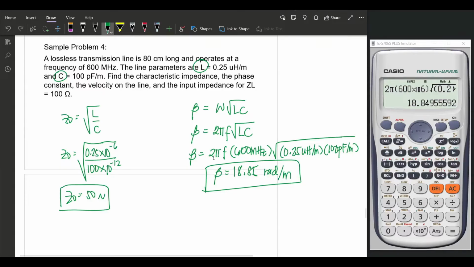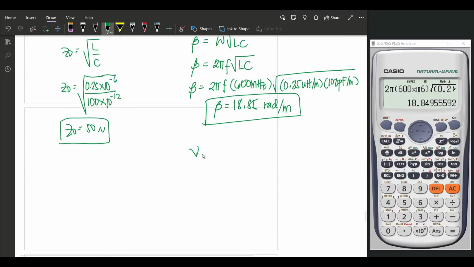Next, so how are we going to get the velocity of the line? Okay, so kung meron tayong L and C, so we can use this formula naman for the velocity of propagation. And actually, this is derived from angular frequency over beta. So diba? So that's why na-cancel to. So 1 over square root of LC na lang siya. So that's another formula for the velocity of propagation. So let's try to get the value.